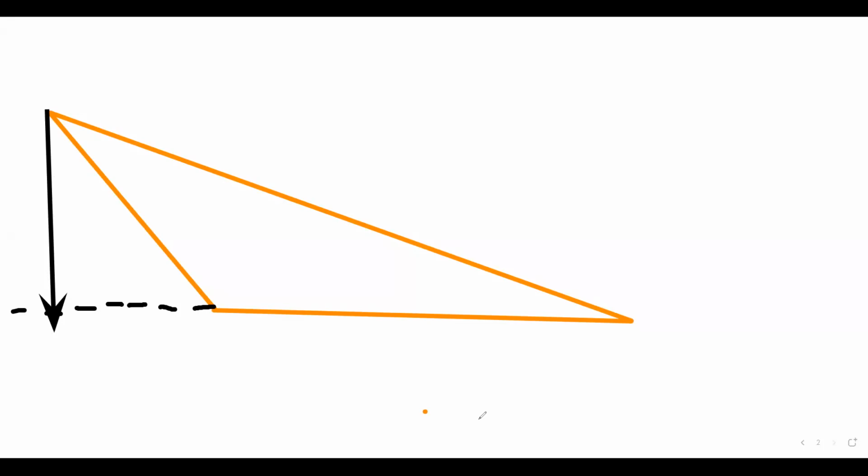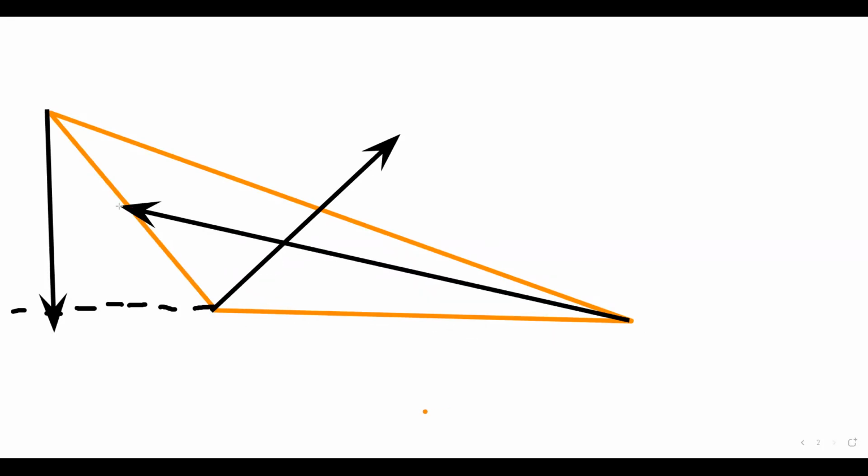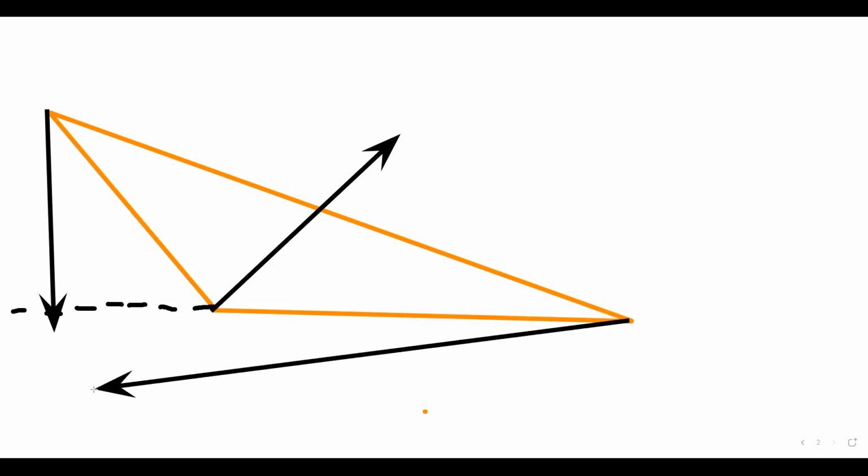And then I will start from here, stop here, and then I will start from this point. I need to be perpendicular. This is not perpendicular. This cannot be perpendicular.